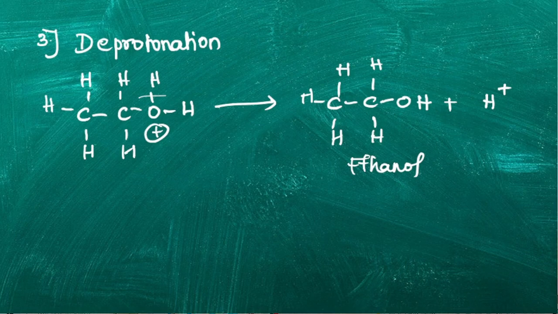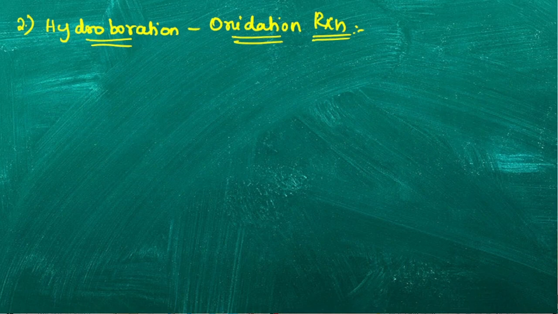Now moving on to the next process, that is also from alkene to alcohol. This process is called hydroboration oxidation. Here, how to do this I'll tell you now. Listen carefully.